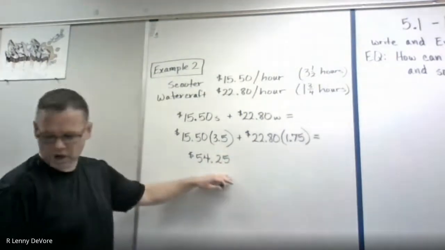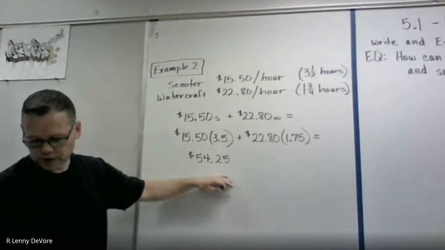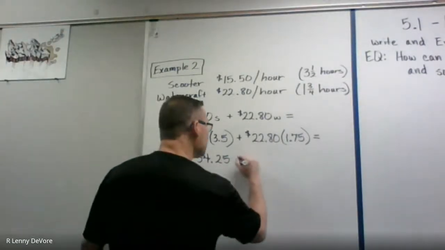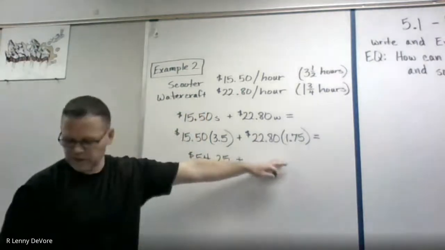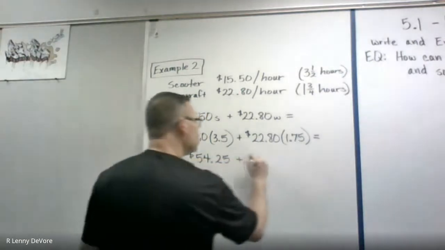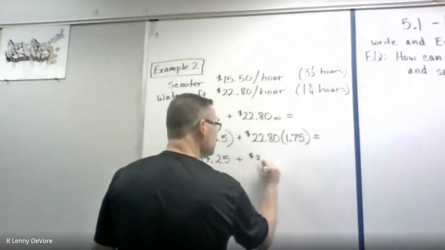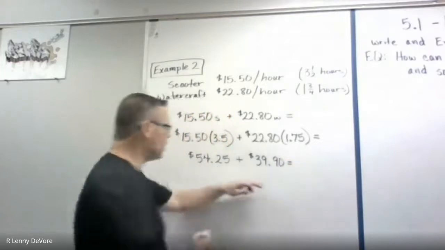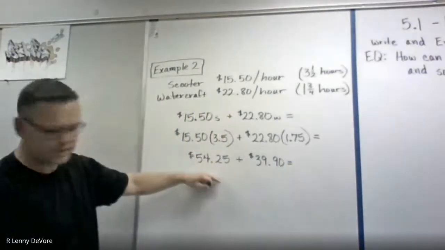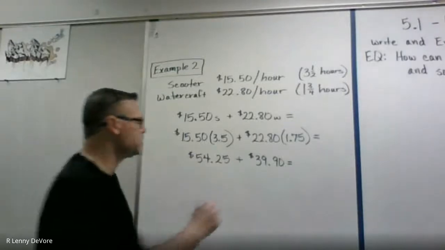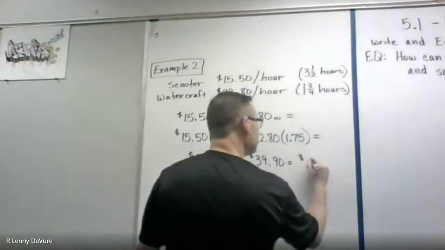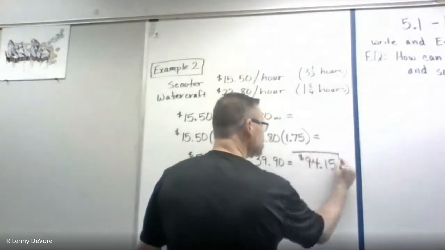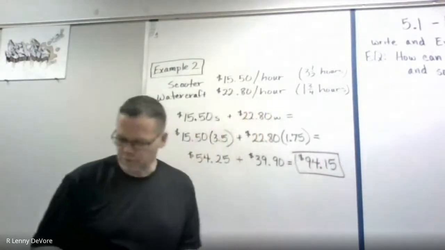So that's how much it costs for the scooter alone. Then I multiply these two out and I get $39.90. This is for the watercraft, this is for the scooter. I add these together and I give them a total bill of $94.15. That would be the total bill.